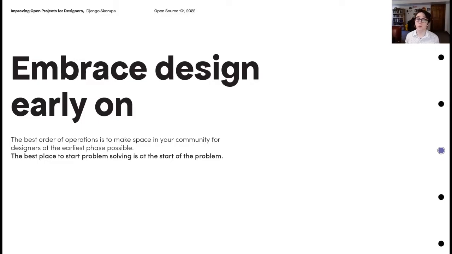Designers who might be able to point you in the direction of accessibility tools. Designers who might be able to point you in the direction of considering copy very early on, considering web design early on. The best place to start problem solving, always, is at the start of the problem.